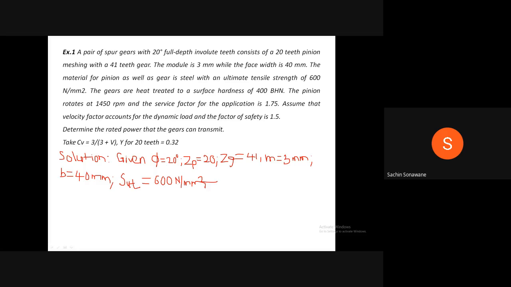Now, they have given us the gears are heat treated to a surface hardness of 400 BHN. Therefore, they have provided a value of BHN. Write down BHN is equal to, try to understand, BHN is equal to 400.